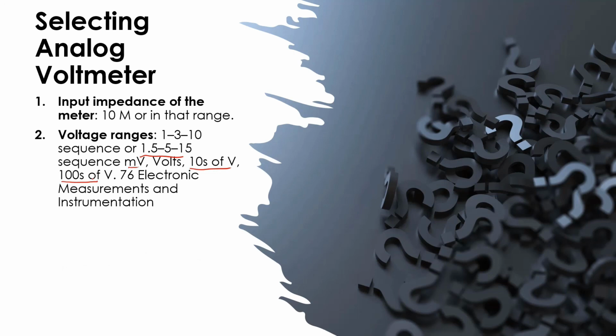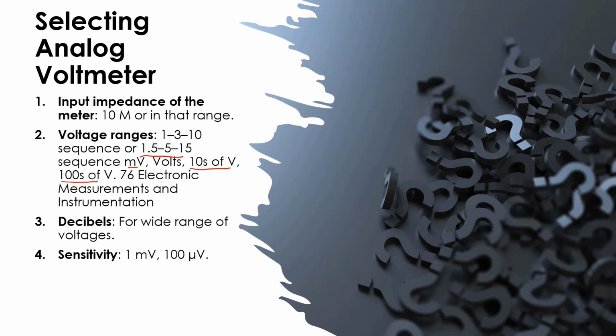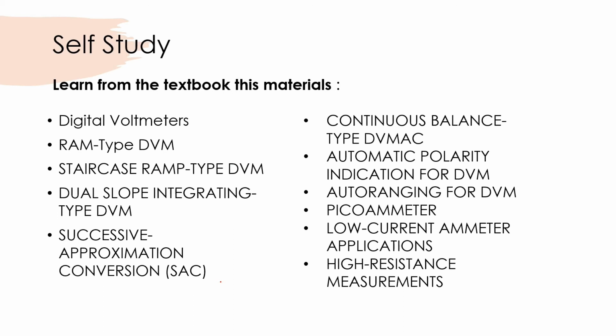And then what is the decibel range for a wide range of voltage or narrow range of voltage? And then what is the sensitivity? It's about 1 millivolt or 100 microvolts. And then what is the bandwidth? It's about 10 hertz to 10 megahertz. So it depends on these criteria, and also the battery operation. You can select the best analog voltmeter that fits your measurements.